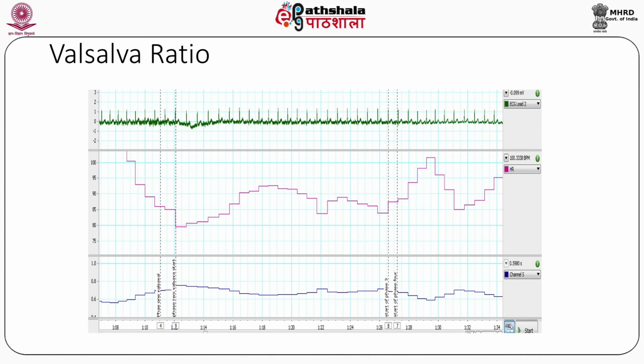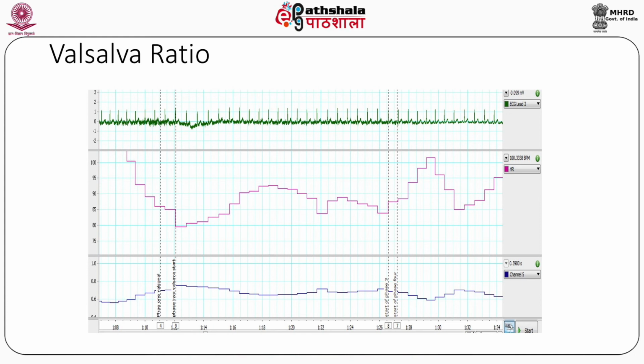And so the valsalva maneuver used in cardio-autonomic testing is slightly different. The classical valsalva maneuver is produced against a closed glottis, whereas the valsalva maneuver used in this testing involves producing a forced expiratory effort. So what is done is the sphygmomanometer is taken, the cuff going on the hand is detached from it, and a mouthpiece is attached to the tubing going to the mercury column, and the subjects are instructed to place the mouthpiece in their mouth and gently produce a forced expiratory effort, trying to sustain the mercury column at 40 millimeters of mercury.